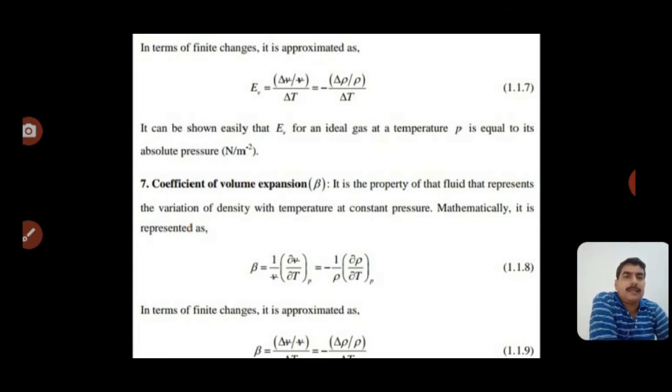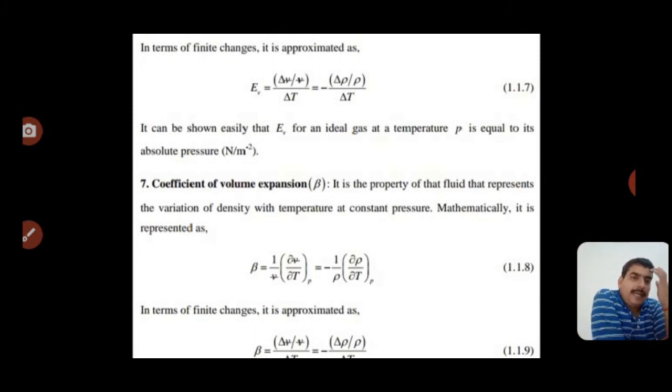Absolute pressure is approximately calculated in Newton per meter square. Now the next one is the coefficient of volume expansion, denoted by beta. This topic will also be covered in the next lecture, but a brief introduction is given here.